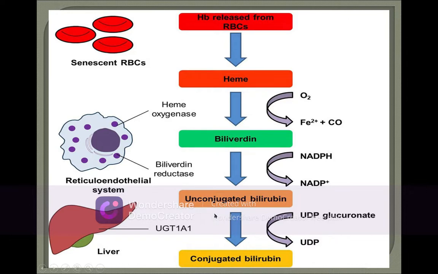Structurally, they are not able to function, and functionally, they are too weak to do the conjugation properly. So a burden occurs, and both unconjugated and conjugated bilirubin, with small differences, will be seen in hepatocellular jaundice.